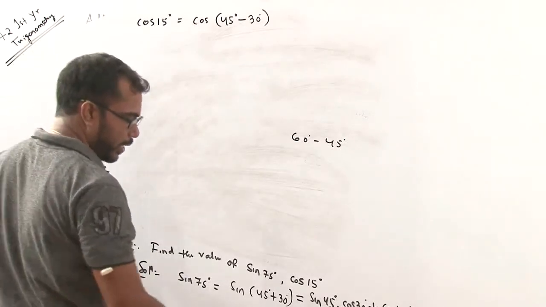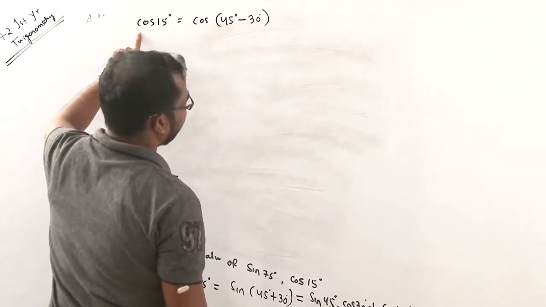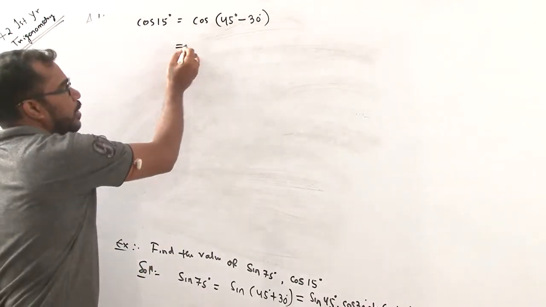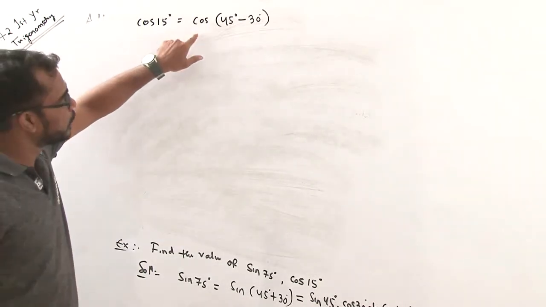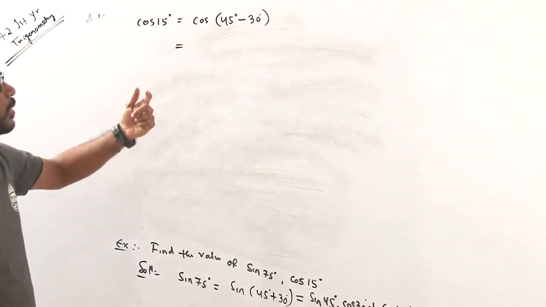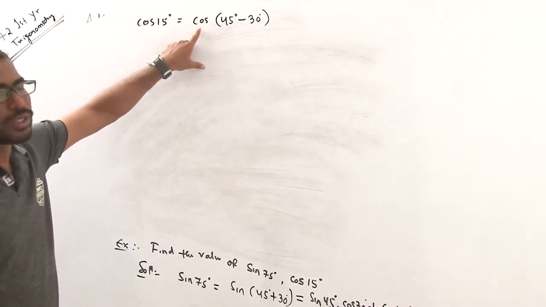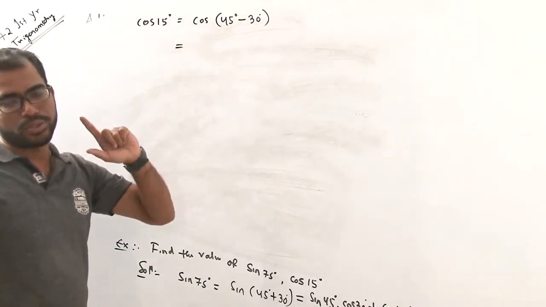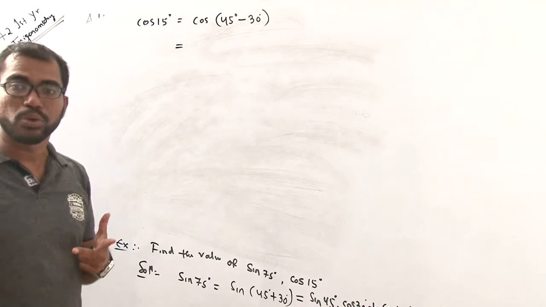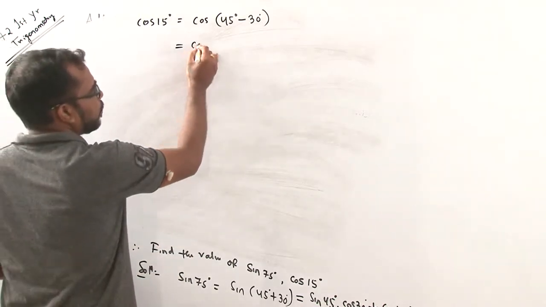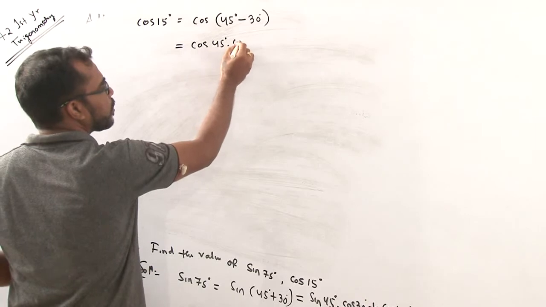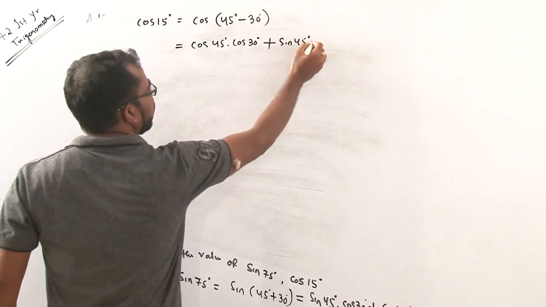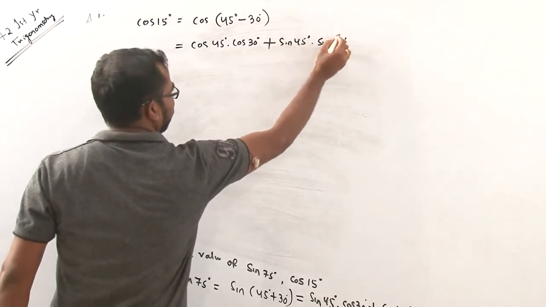We can write this form or this form, because both values are in the standard angle tables. So here cos 15 degree is equal to cos of 45 minus 30. Now we apply the formula of cos A minus B, which is cos A into cos B plus sin A into sin B. So we can write cos 45 degree into cos 30 degree plus sin 45 degree into sin 30.